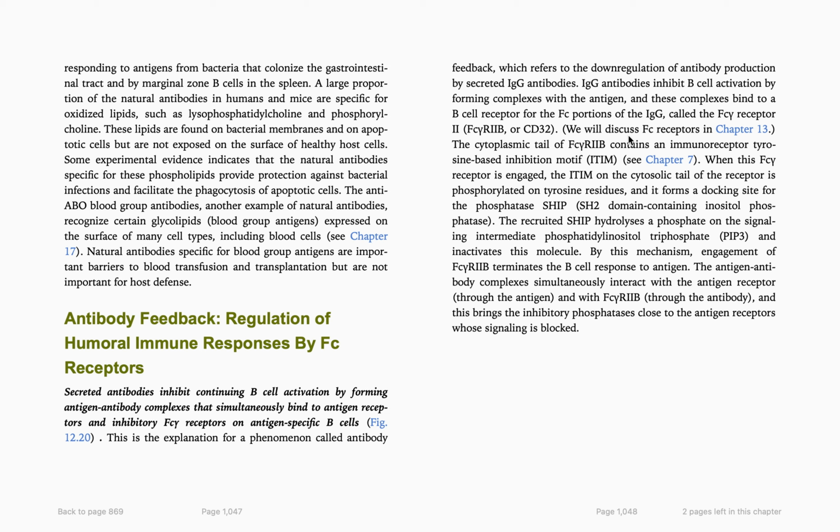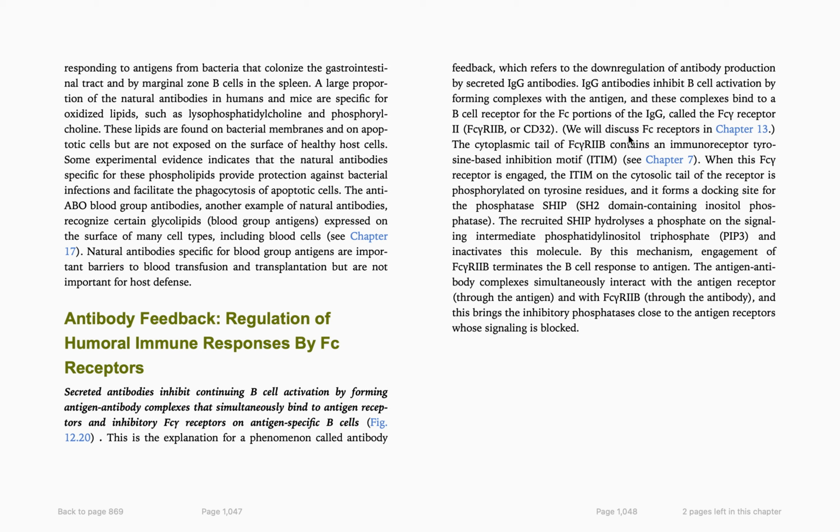When this Fc gamma receptor is engaged, the ITIM on the cytosolic tail of the receptor is phosphorylated on tyrosine residue, and it forms a docking site for the phosphatase SHIP, an SH2 domain-containing inositol phosphatase.